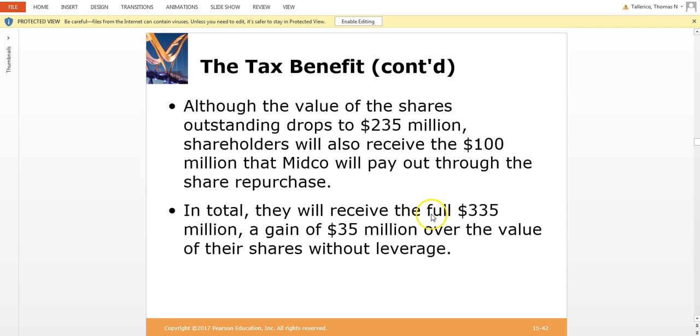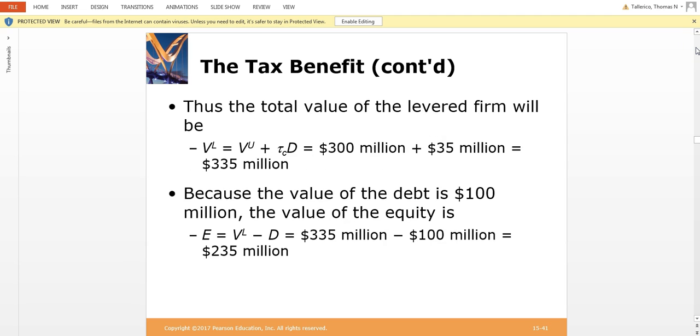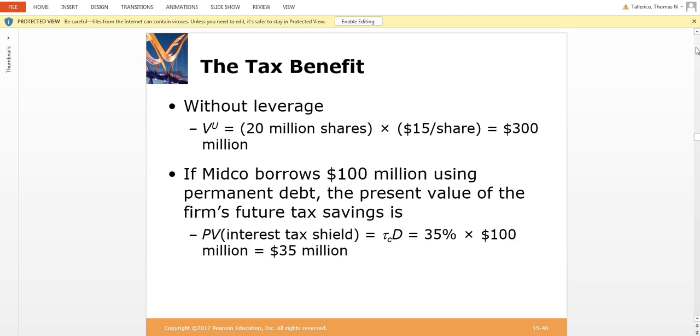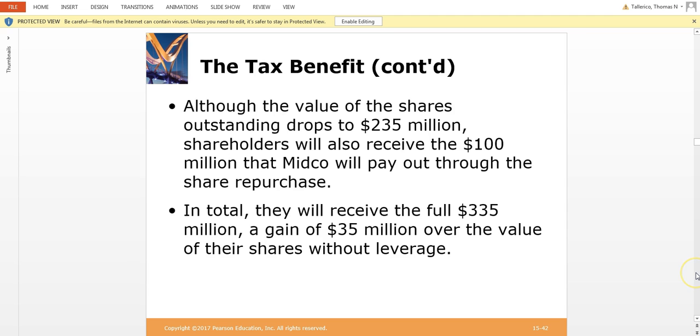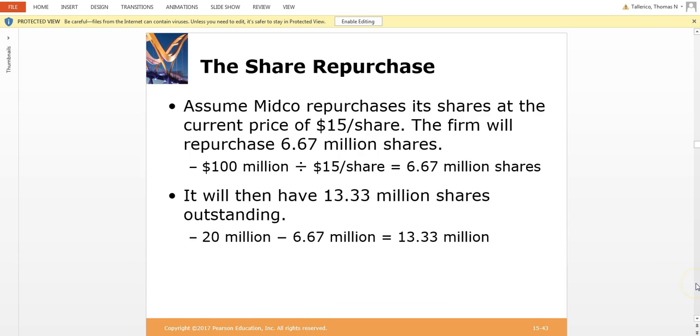So the shareholders get the full $335 million, which is a gain of 35 million over, if we go back a minute, without leverage. And you can see here was the value without leverage. And you can see the leverage brought up the value by $35 million by taking on debt and having a tax shield.